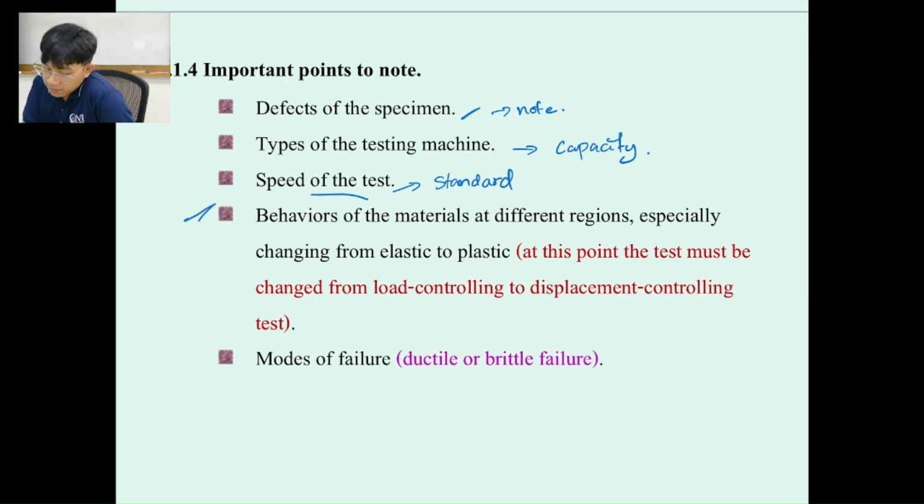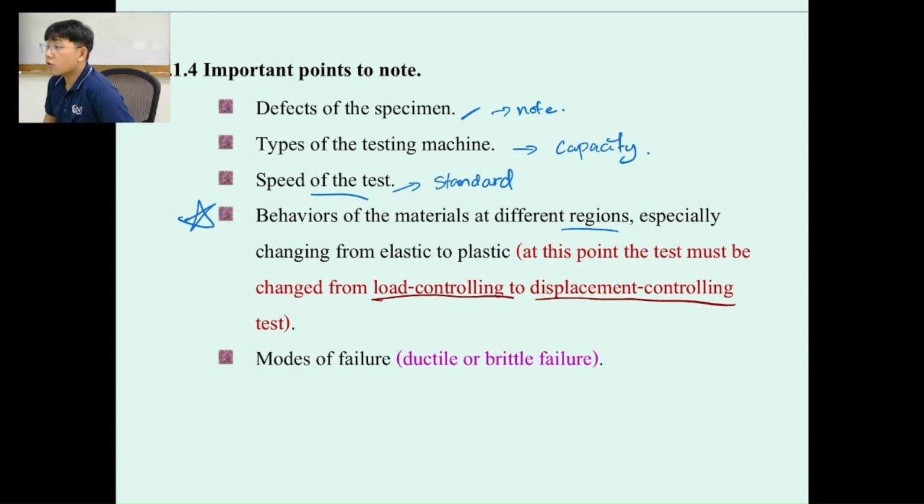And the main part over here is this one, for example, the behavior of material at different regions. I think last week before the midterm exam, you learned about the tensile test of steel, right? So people may ask you to control the load by two methods.